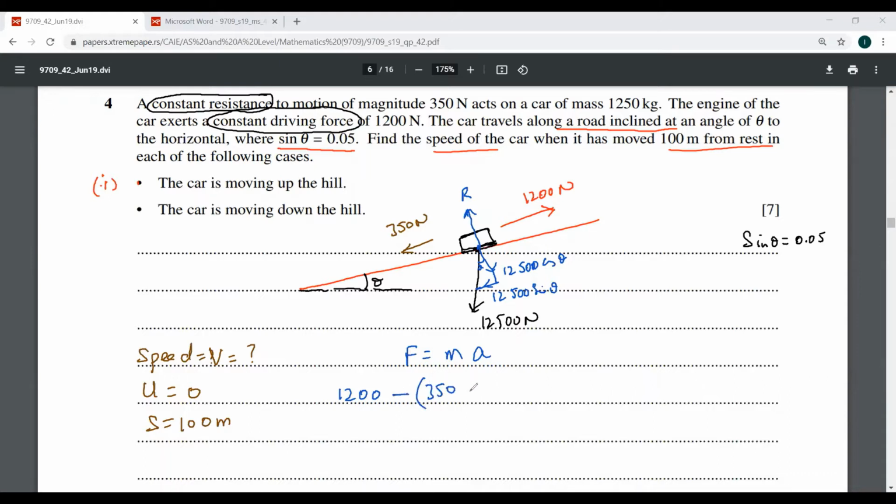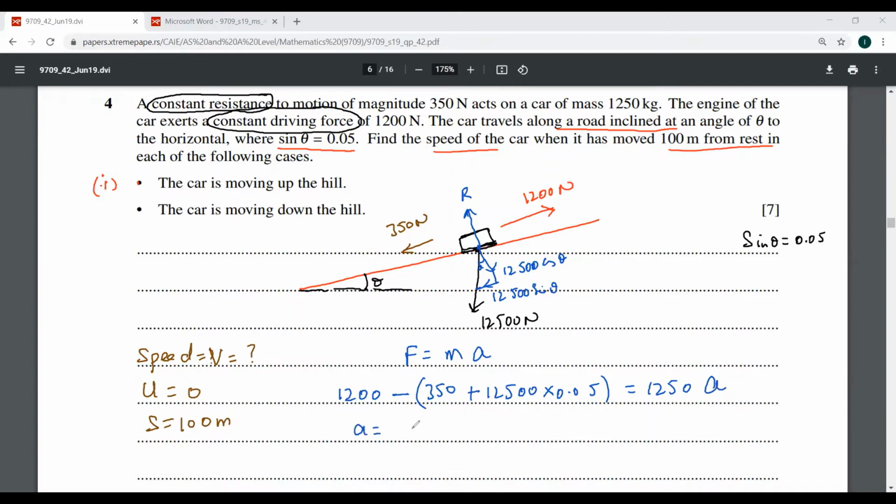One is 350 and the other is 12,500 sine theta, that is 0.05, and that is equal to 1250 times A. Now please solve this equation and tell me what is your A.